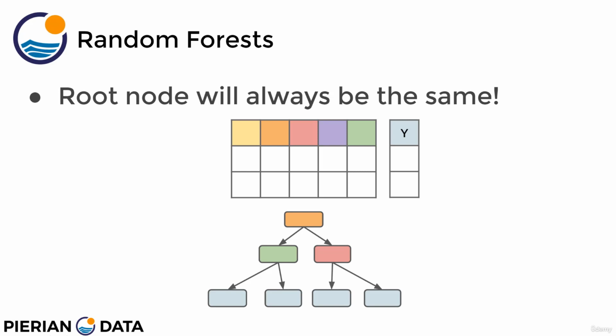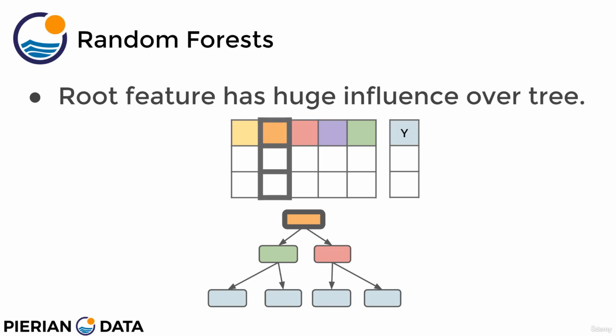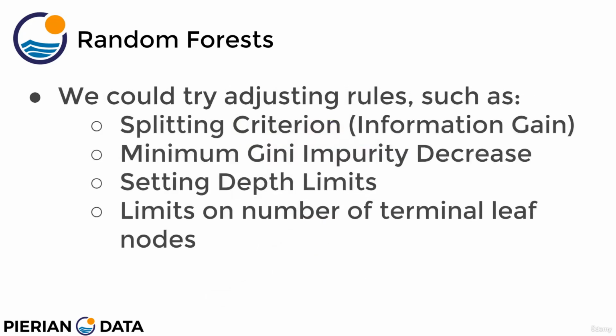And the thing to note about this root feature node is that it has a huge influence over the tree, because the entire incoming data set is always going to be split first based off this single root feature. So that feature is really influencing everything that's happening further down the decision tree. And these are the sort of issues we keep in mind when building out a random forest.